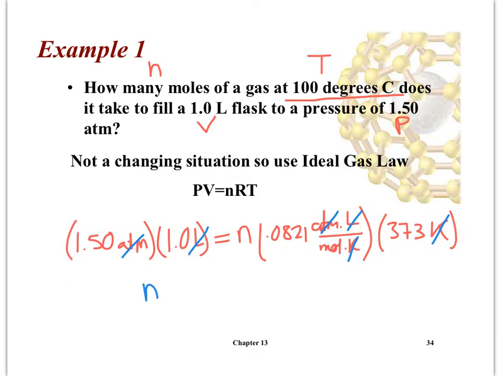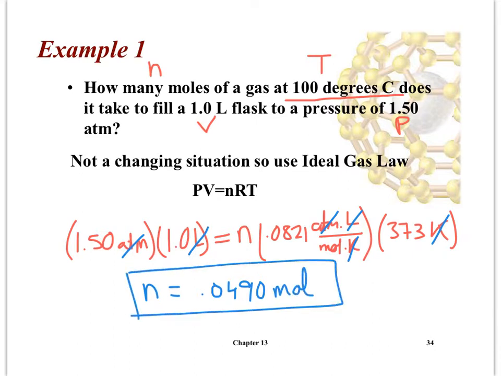So if you take 1.5 times 1 over 0.0821 times 373 and plug that into your calculator, you end up with 0.0490 moles. And that's my answer.